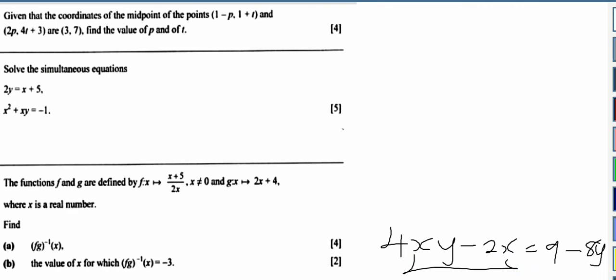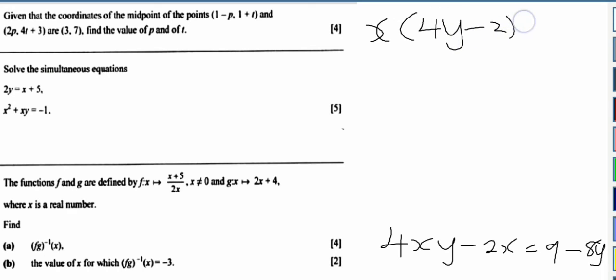So here I'm just going to make x the subject of the formula. I'm just going to factor out x, so x here is common. Then I'm just going to remain with 4y minus 2 being equal to 9 minus 8y.